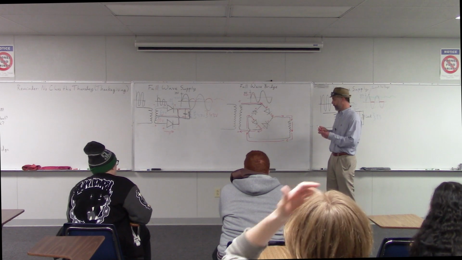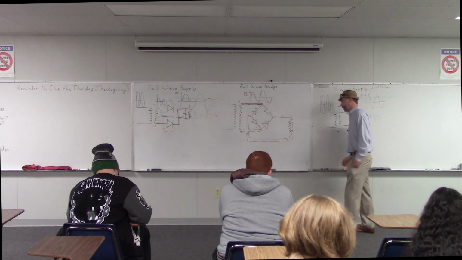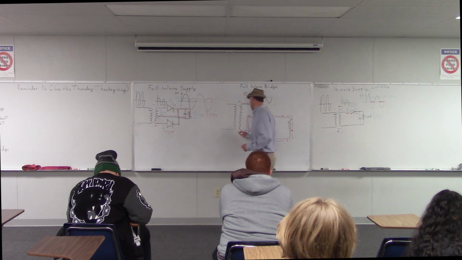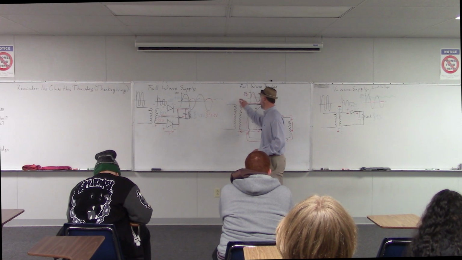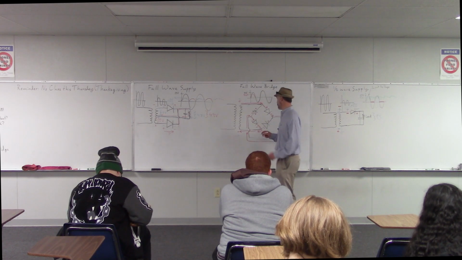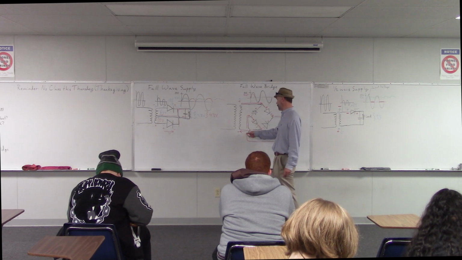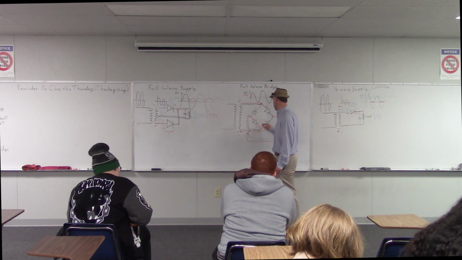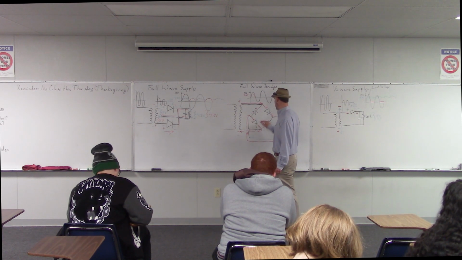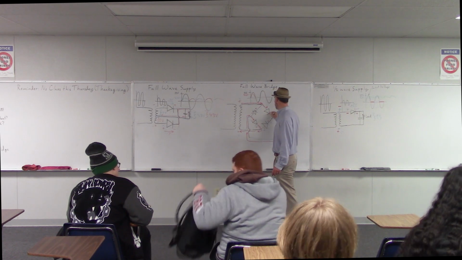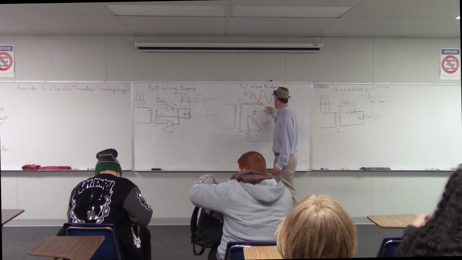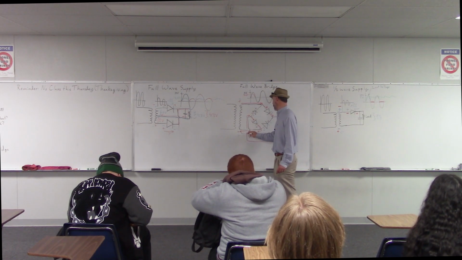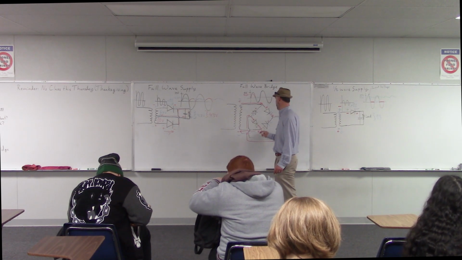All right. So then let's look at what happens when we have a positive voltage at the bottom of our transformer. Positive voltage there, negative on top. Again, the sides of the diodes that are closer to the positive voltage will have a positive voltage on them. The other sides will have a negative voltage. So the electricity starts out down here. We go this way.